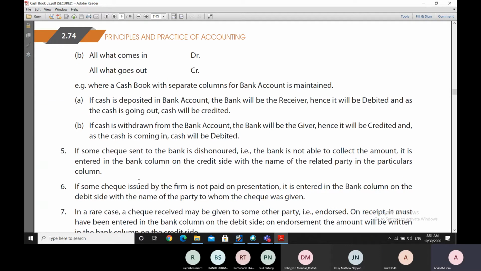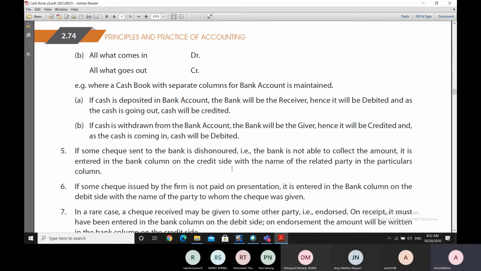Now let us say that a check which is sent to the bank is dishonored, which means that the bank is not able to collect the amount from the other bank on which the check is drawn, and this dishonored check is returned. So it is entered in the bank column on the credit side.